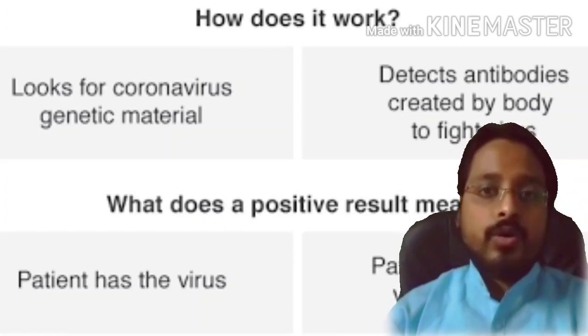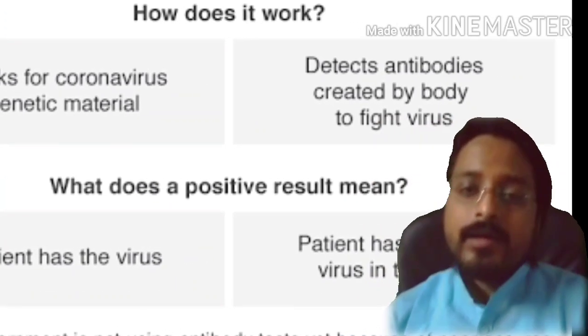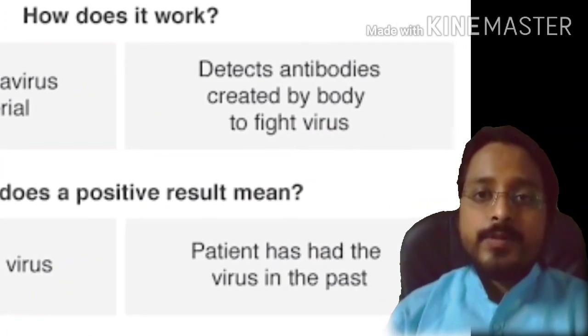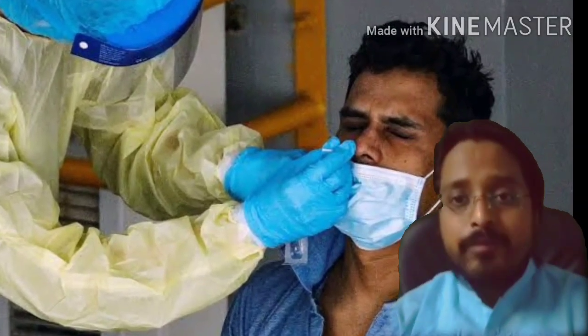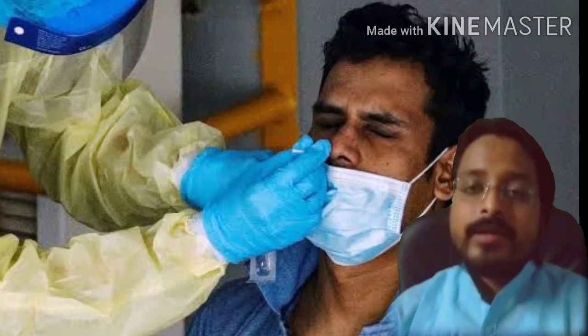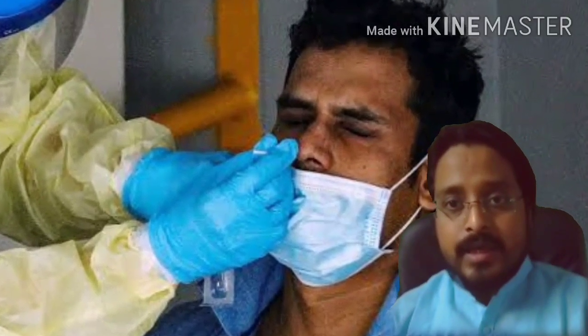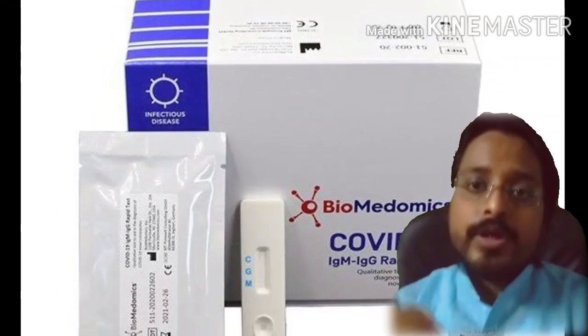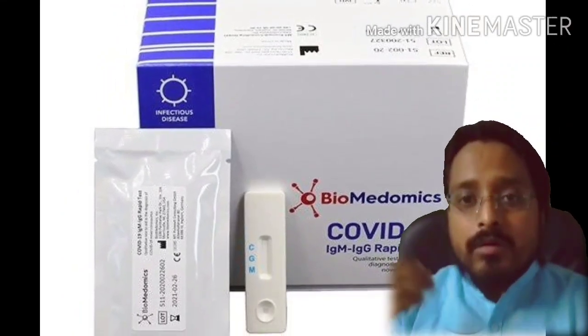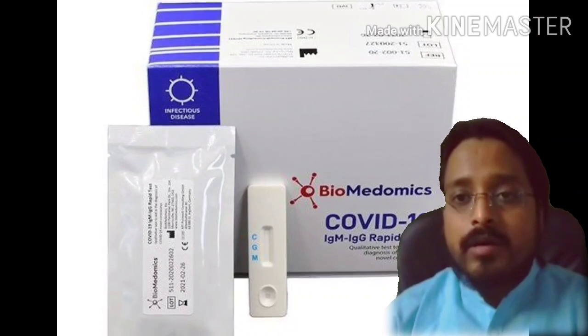It is also to be noted that while PCR is being used as a diagnostic, antibody tests like RAT, rapid antibody test, are being proposed and are going to be used for population screening.